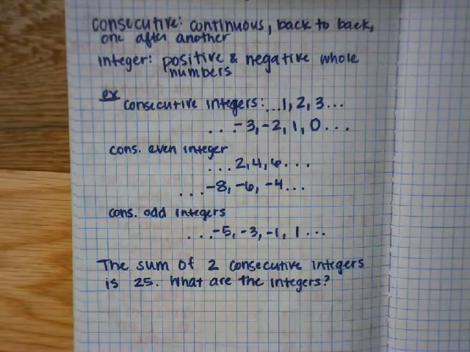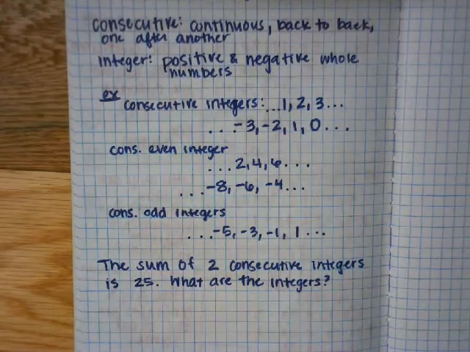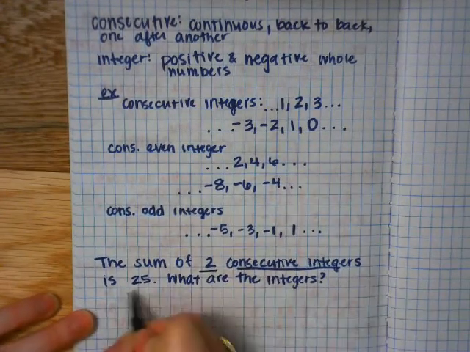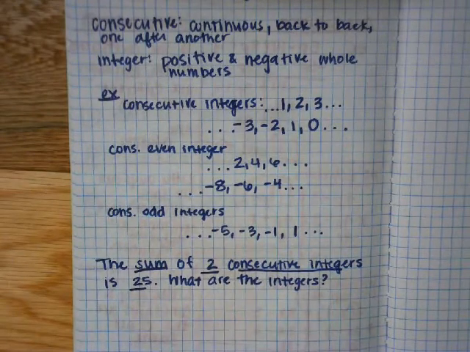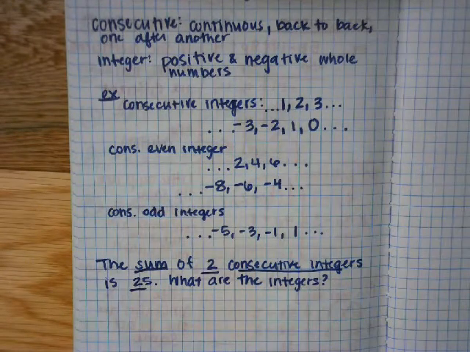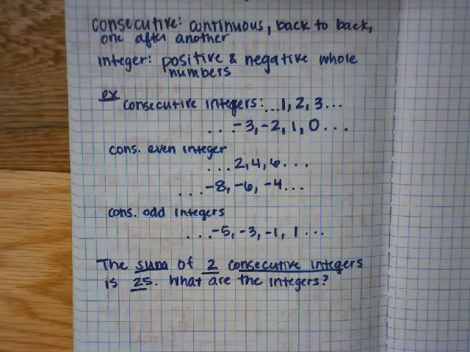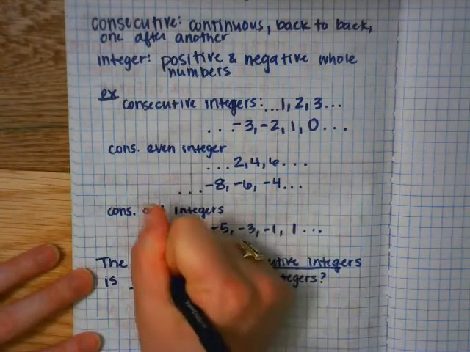So the way we do this is we're talking about two numbers here, right? Because it says the sum of two consecutive integers is 25. First of all, what does sum mean? Good. Sum is addition, right?